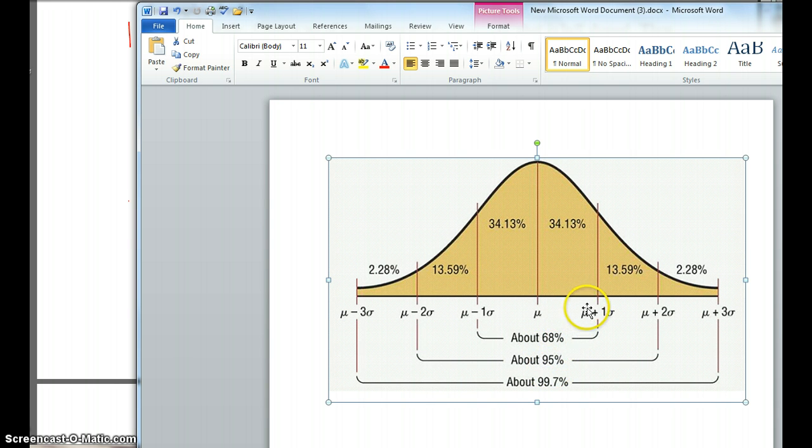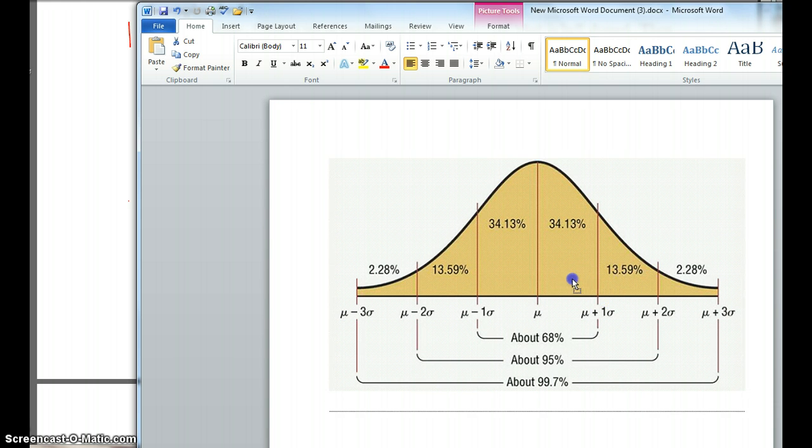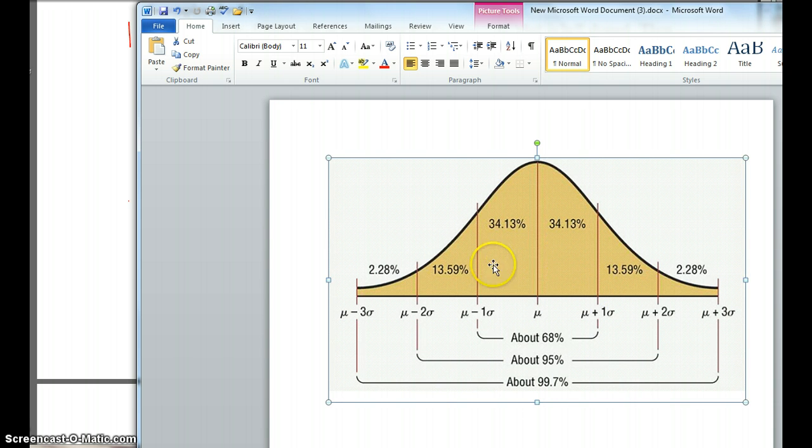If I go back to the 68%, I go between this number and this number, but because it's symmetric, I know the 68% is going to be divided equally between this piece and this piece. So that's about 34% and 34%. The more exact number is 34.13. So it's about 34% and 34% here.